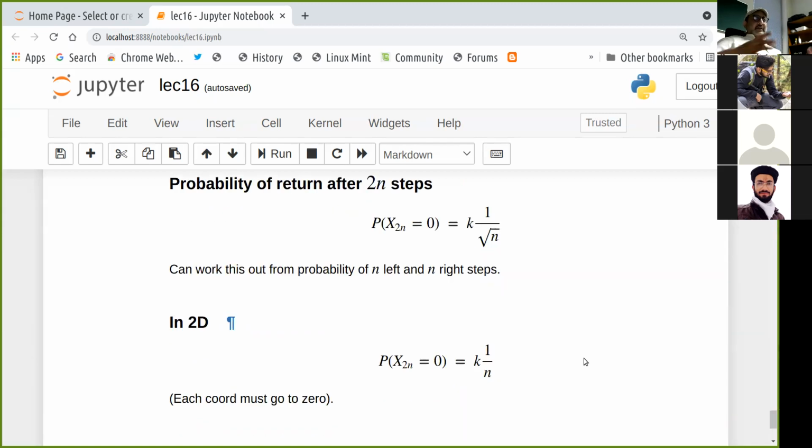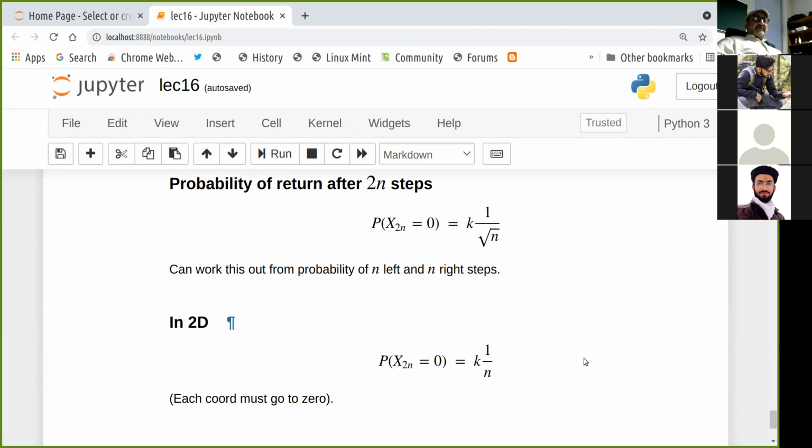Here, the idea is you have a square grid, and you can move by a unit distance left or right, and you also move by a unit distance up or down.